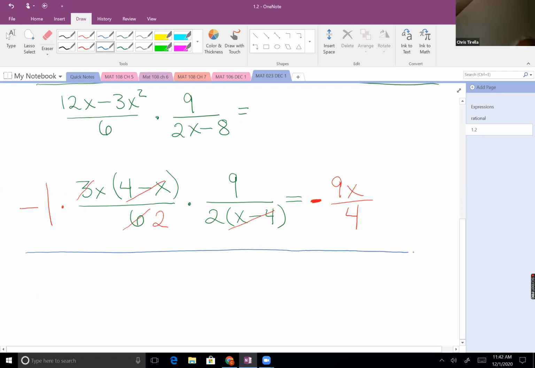Let's look at a couple more. Next, let's look at x over 5x minus 10 times x squared minus 2x over 4.